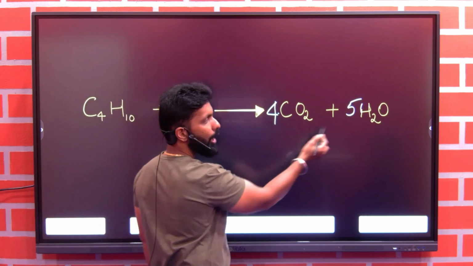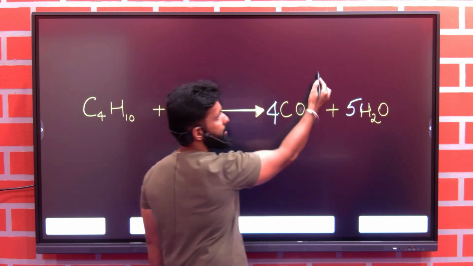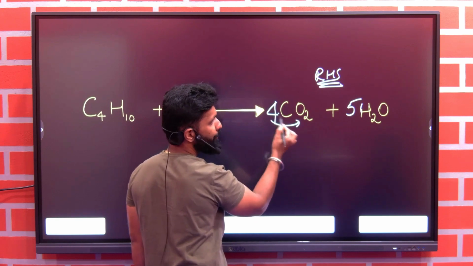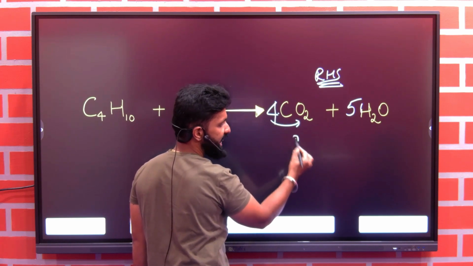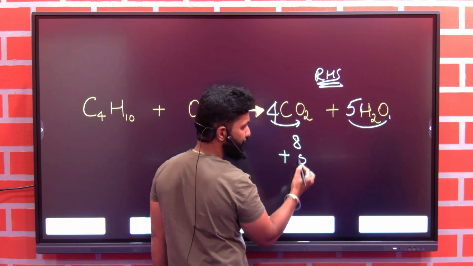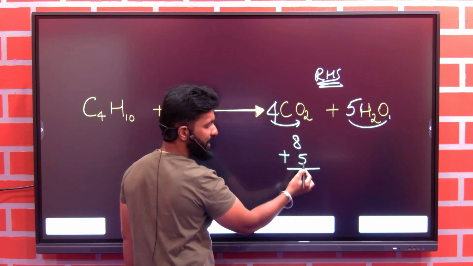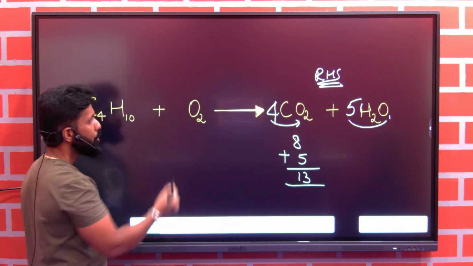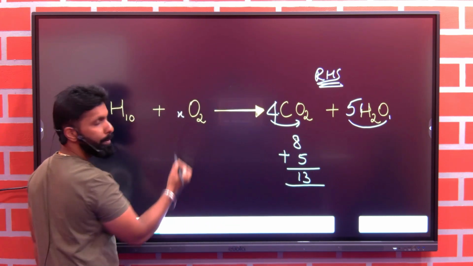How do you count how many oxygens are there on the RHS? Now this is the product side, isn't it? Yes? Now count the oxygens. 4 twice is 8 plus 5 once is 5. 8 plus 5 is 13. Isn't it? Yes. So what number multiplied by 2?